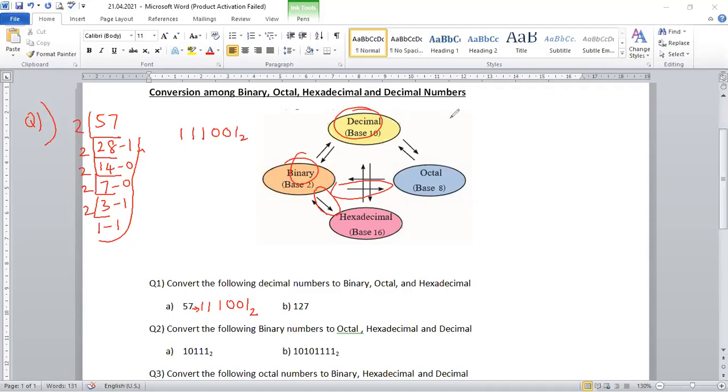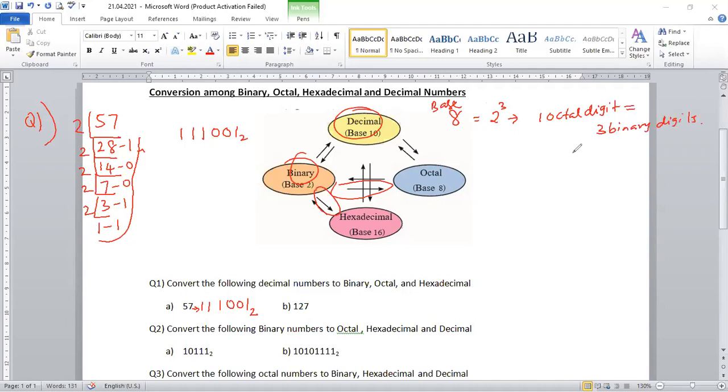Right? What do you all know? When you consider the octal, the base is 8. So that means you can write 8 as 2 to the power 3. So that means 1 octal digit is equal to 3 binary digits.